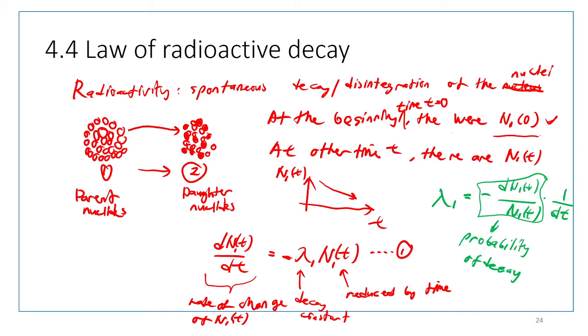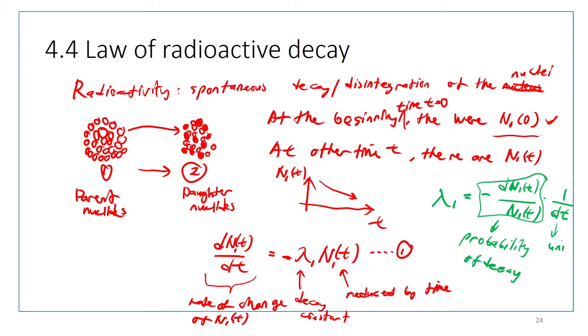N1(t) is the total number of nuclides at time t, but dN shows the change, the number of decaying nuclides at time t. So the ratio is equivalent to the probability of decay at time t, and dt is the unit time.